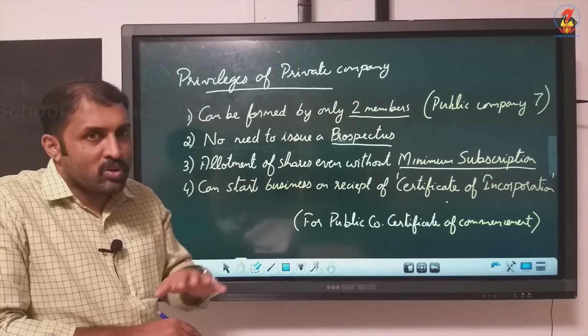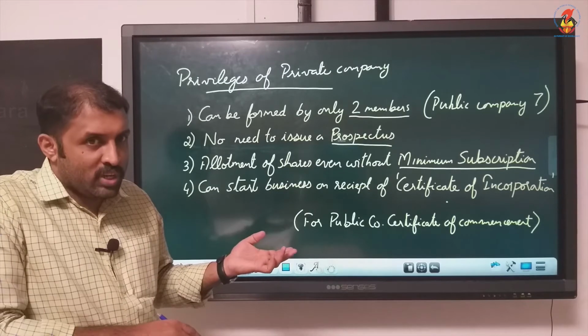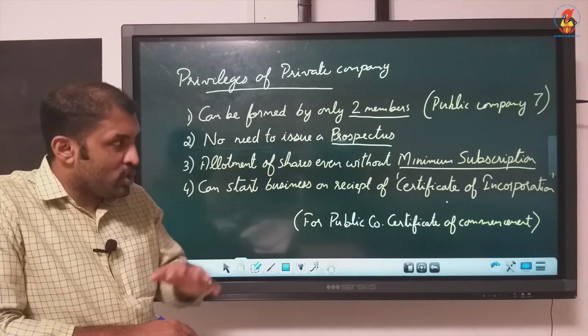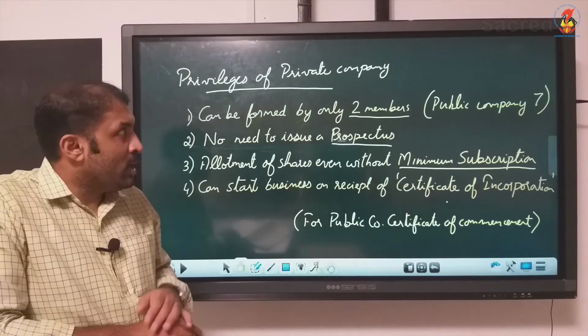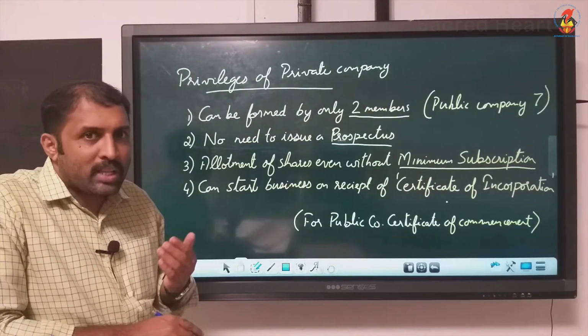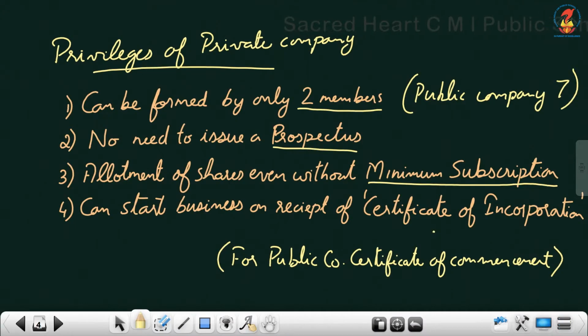Even without minimum subscription, they can allot shares. That is also another privilege. Then it can start business on receipt of a certificate of incorporation.